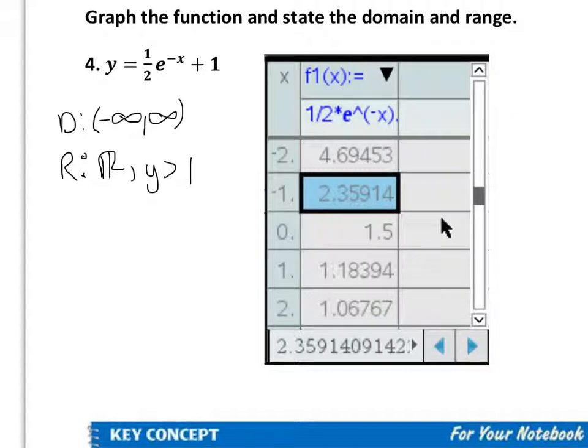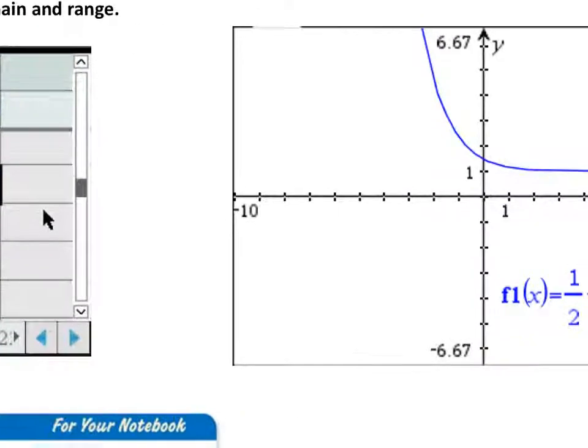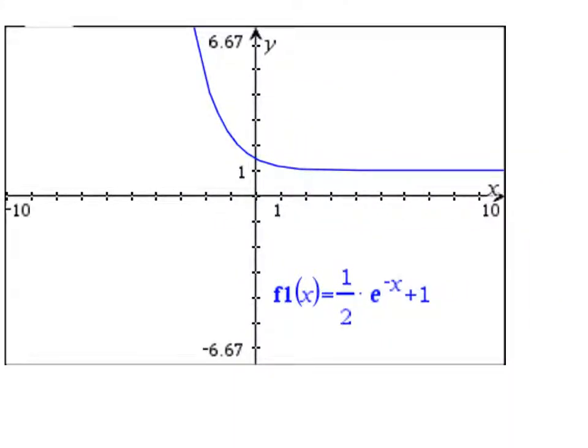See how I have 1/2 times e to the negative x, and then the plus 1 is still there. So I entered that in the calculator, hit graph, and this is what we get. See how it's shifted up 1, and when it's coming down here, it never gets below 1, and it never equals 1. So let's take a look at some more.